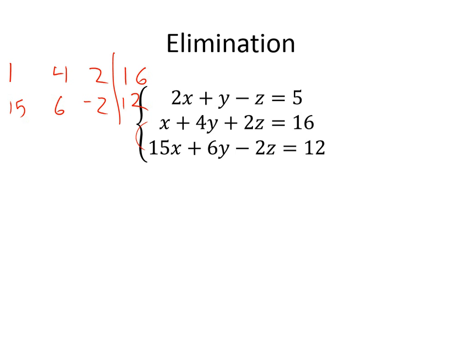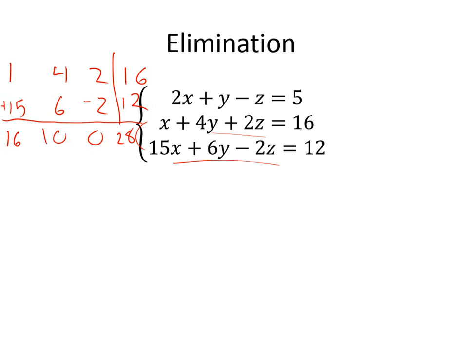Now, if you remember, in the elimination method we want to try to get zeros. Well, if we add these together, which is what we're always going to be doing, we get 16, 10, 0, 28. Now, what we just got is going to replace one of these two that we used. I'm going to replace the one with the 15 in it because I don't want to have large numbers floating around.